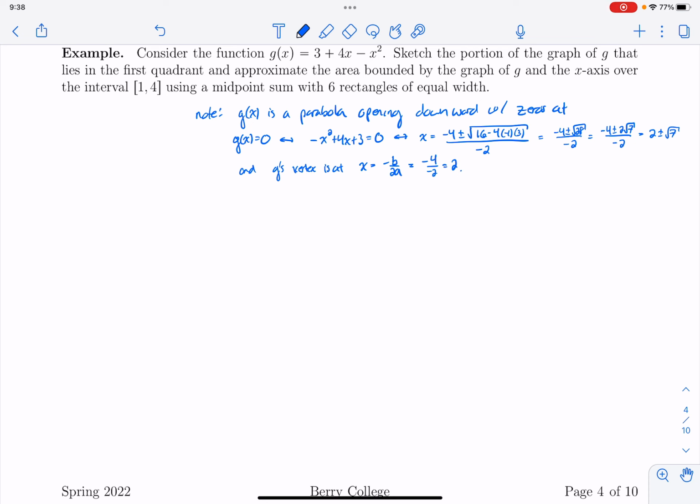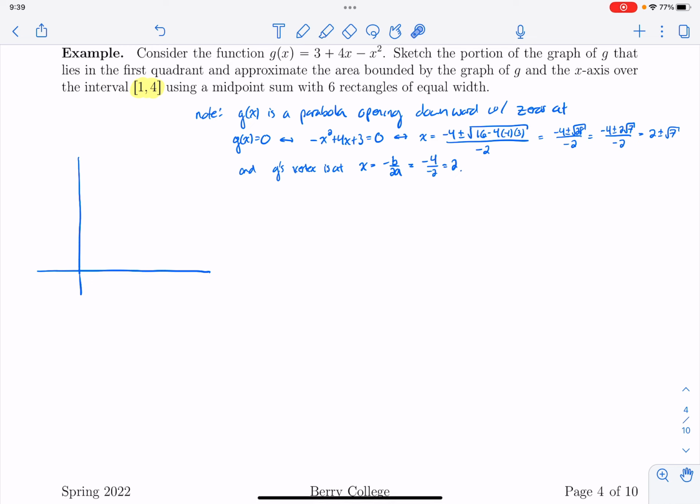If I draw the picture over here, what I'm going to see is that I should have x-intercepts at 2 plus or minus root 7. 2 minus root 7 is going to be over here in the negative world. And we'll remind ourselves, we only care about what's happening from 1 to 4, so we don't really care about what's happening all the way over here.